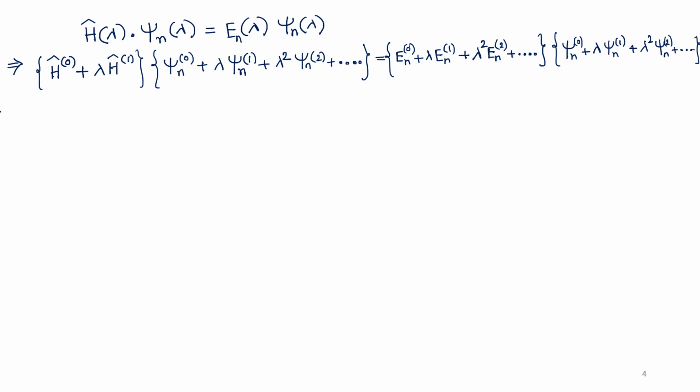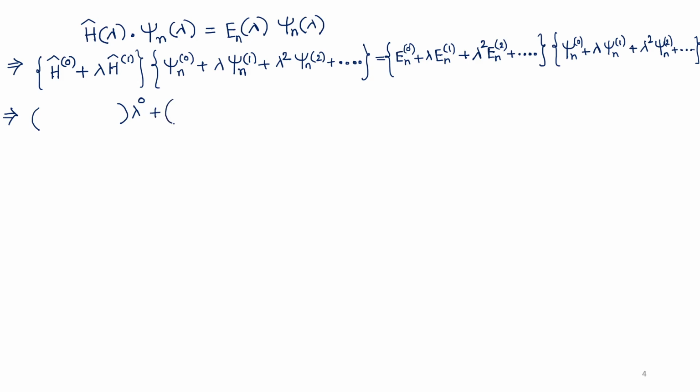What we are going to get from here, we are going to write in terms of a polynomial order of lambda. So what I mean by that is first I will write something which will have lambda to the power naught in common, which means 1.